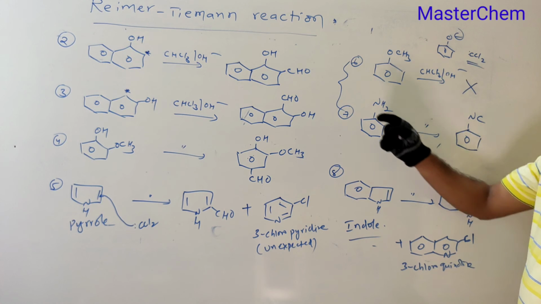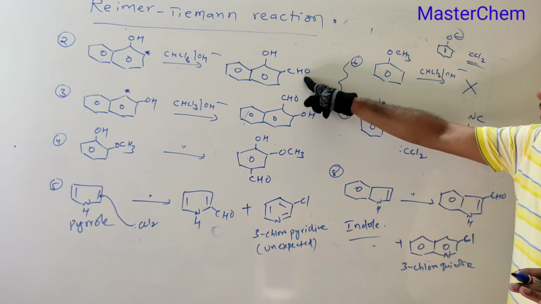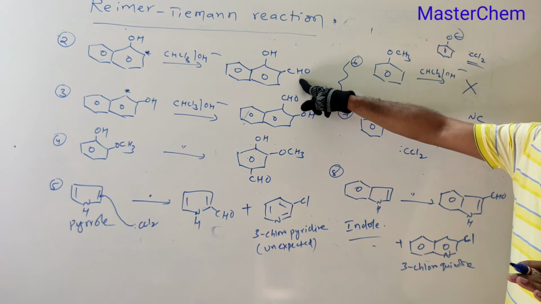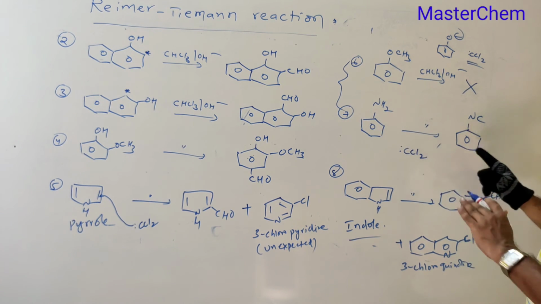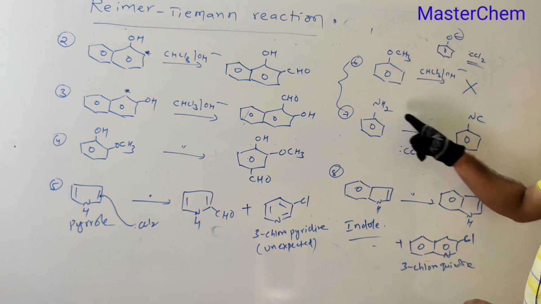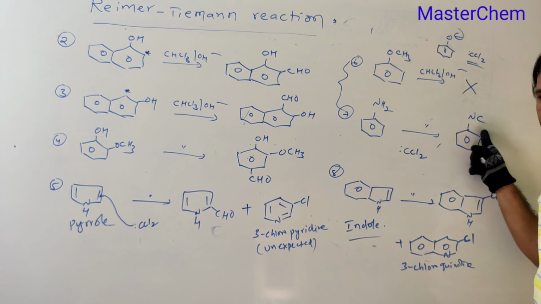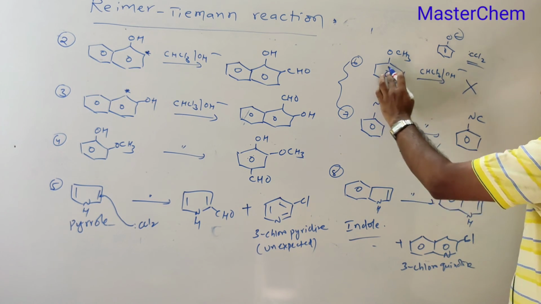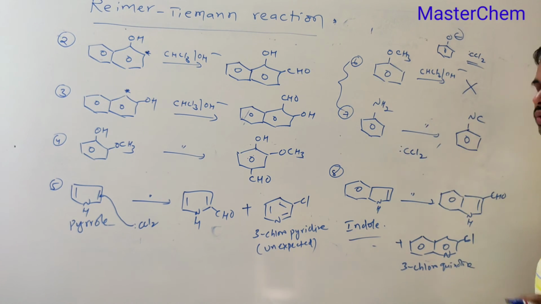There is no electrophilic substitution and no CHO substitution takes place. Only NH2 reacts with dichlorocarbene and converts into isocyanide. Because of these two reasons, these two compounds do not undergo the Reimer-Tiemann reaction.